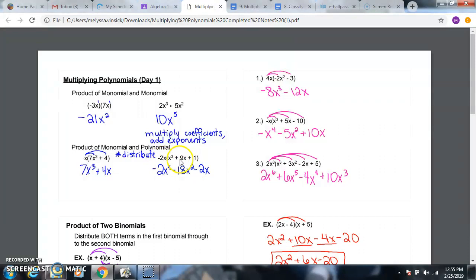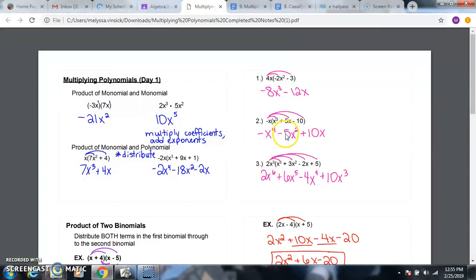Again, you're adding the exponents for the variables and multiplying the coefficients. -2x times 1 is just -2x. Be very careful with your signs. Negative times a positive is still a negative.